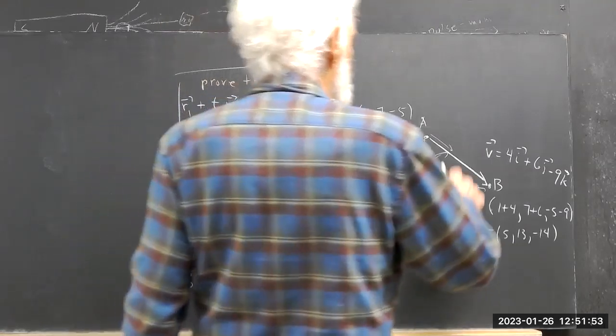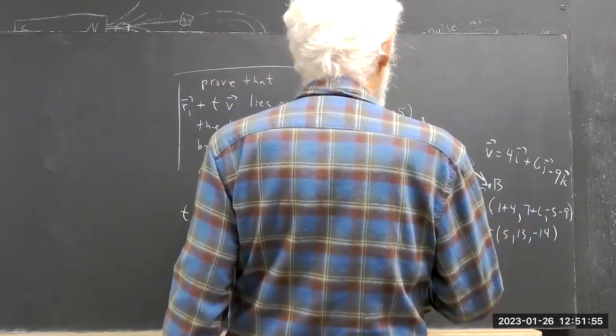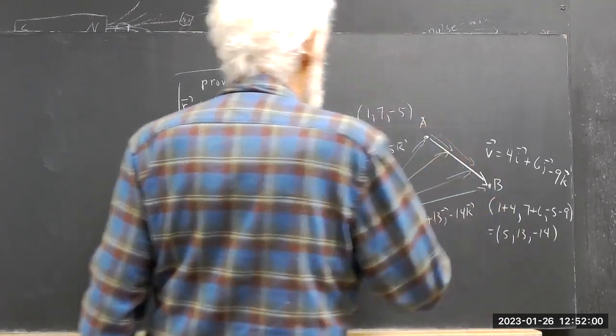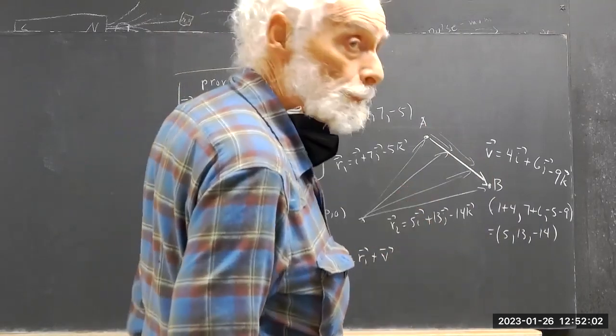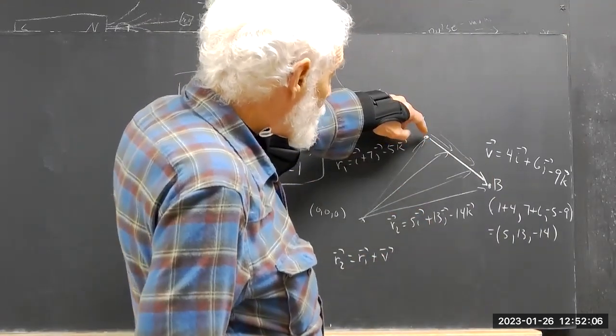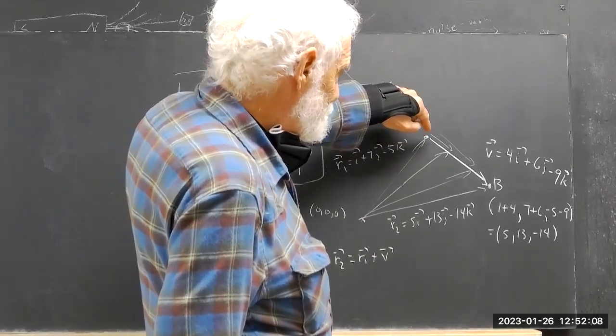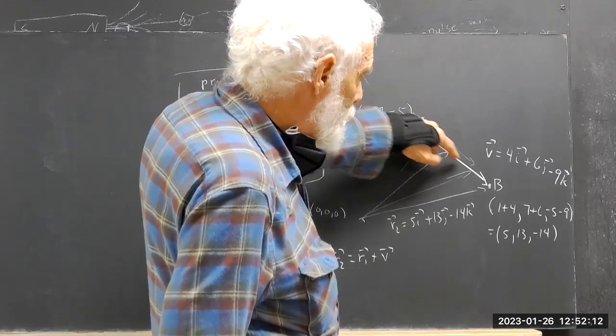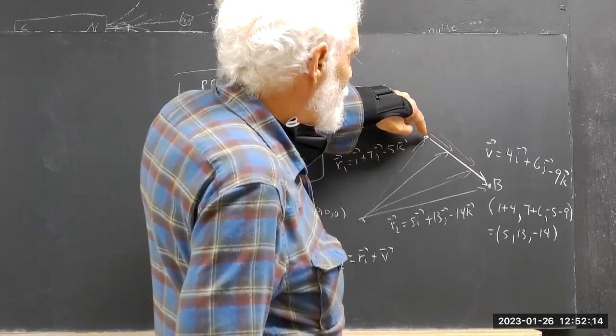And if we take another t, then we add this vector to R1, we're going to get another vector. And then we can prove that this vector lies in the line.